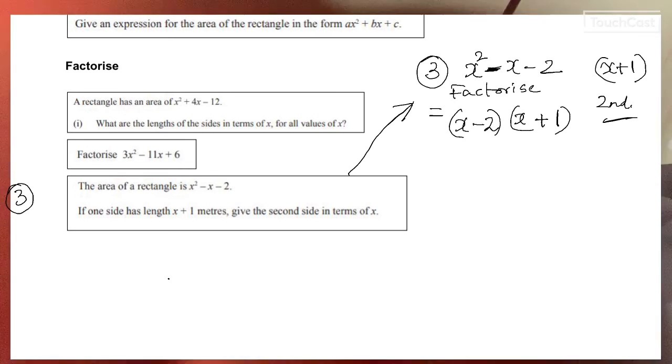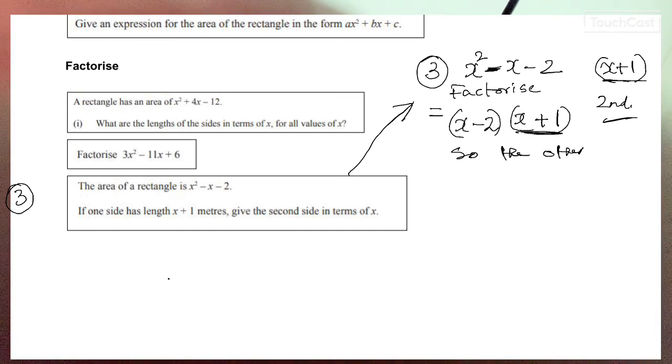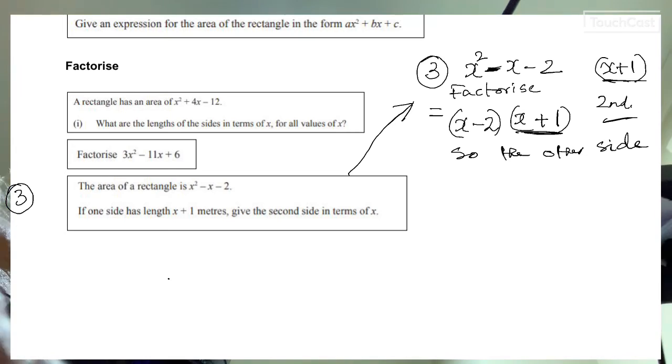Now one of the sides was x plus 1, which is this one, so the other side, which will be the shorter one of the rectangle, is x minus 2. That's the answer.